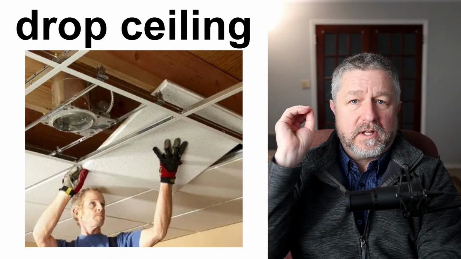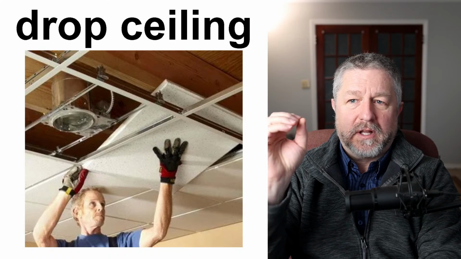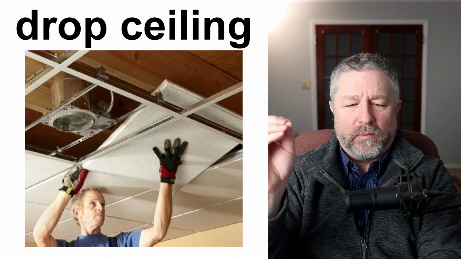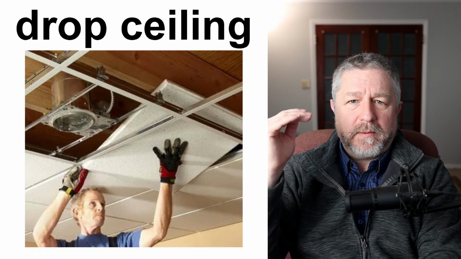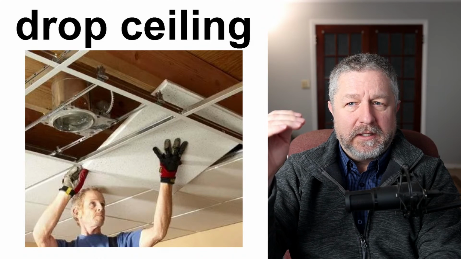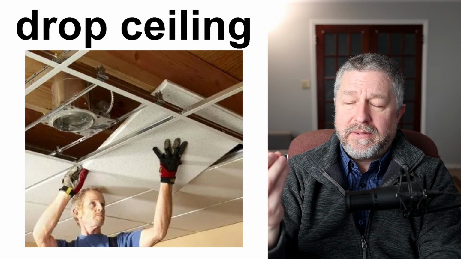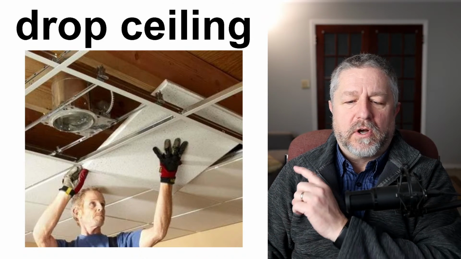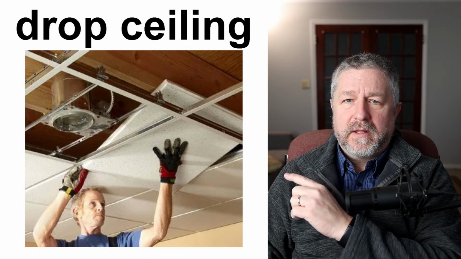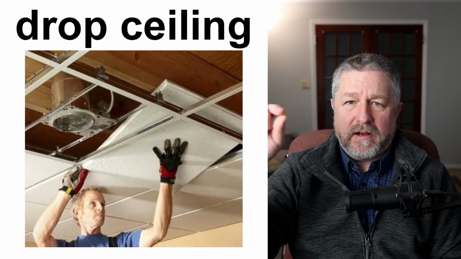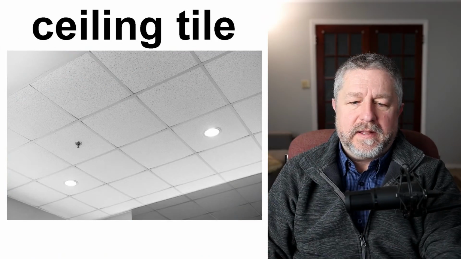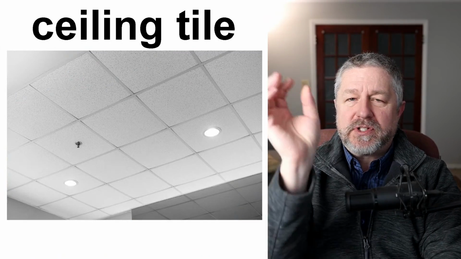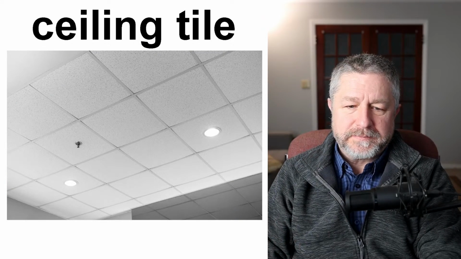In our school, there's a lot of wiring in the ceiling. There's a lot of network cable and electrical wires. And so if they put in a permanent ceiling and they needed to change or add things or fix something, it's hard to get into the ceiling. So they install what's called a drop ceiling. They put in a whole grid of metal rails, and then inside of that, individual ceiling tiles are placed.